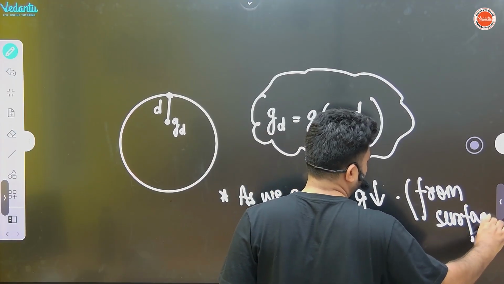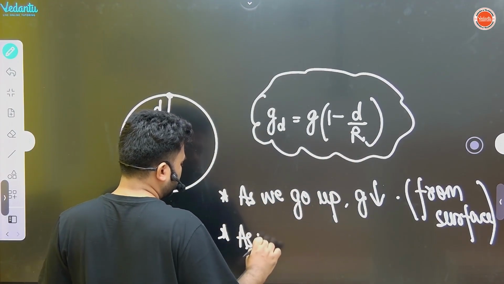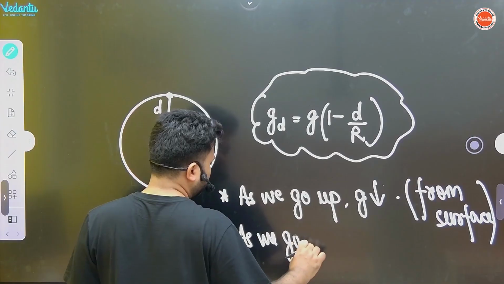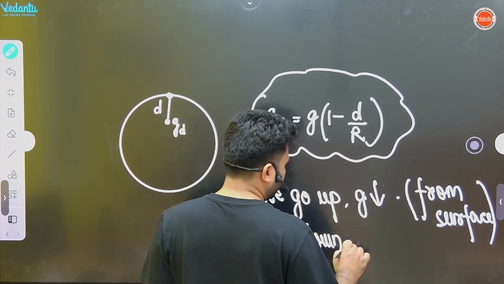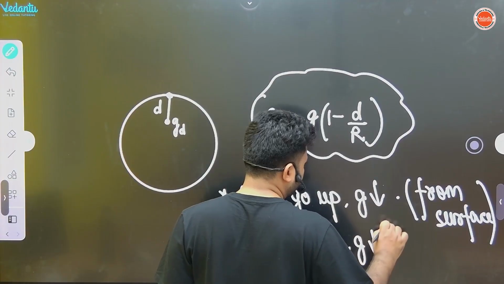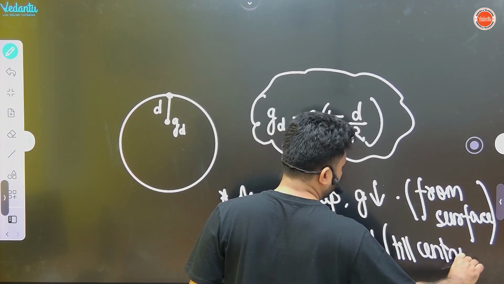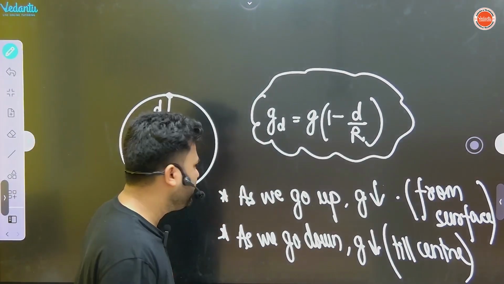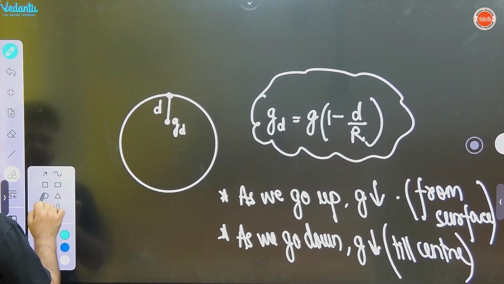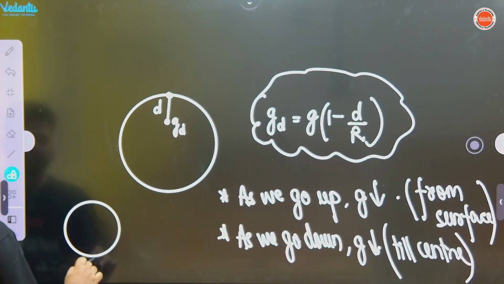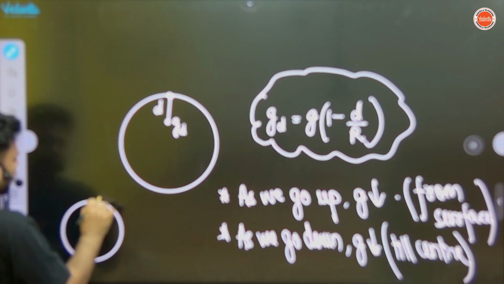Similarly, as we go down, the g value decreases till the center. Means what I am saying, suppose here the g value is 10.